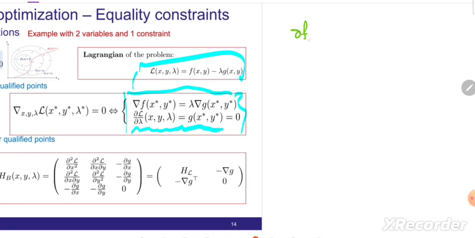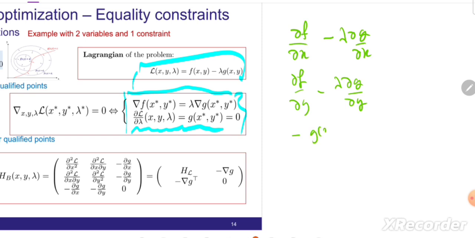So the gradient was df over dx minus lambda dg over dx, then df over dy minus lambda dg over dy, and then the last thing, the derivative with respect to lambda, minus g of xy equals 0.